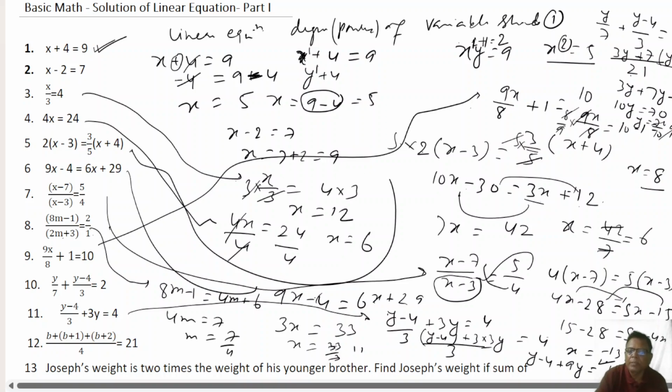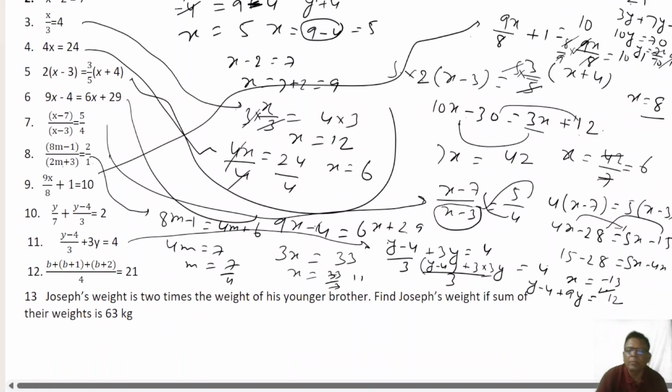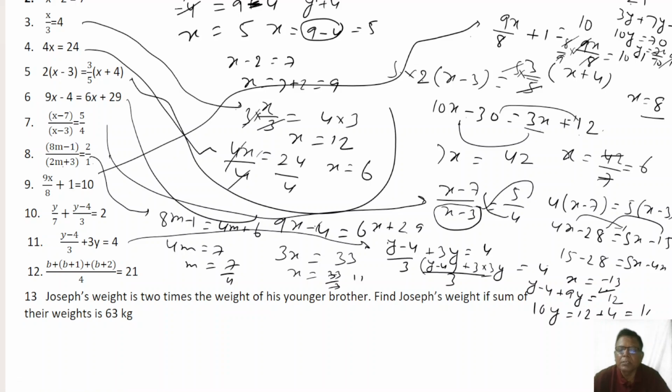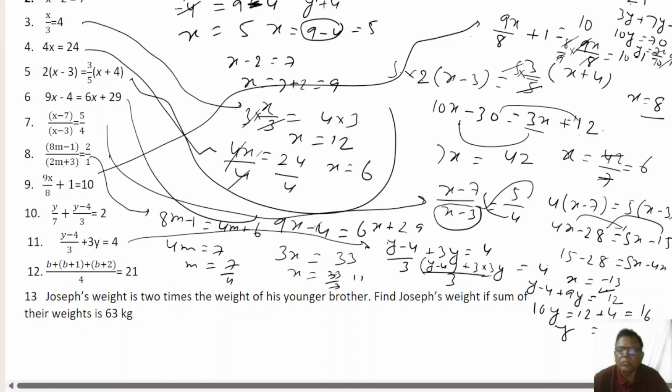Then 10y minus 4 is equal to 12, so 9y plus y, that is 10y. 10y is equal to 12 plus 4, that is 16. So y is equal to 16 by 10, that is 8 by 5.